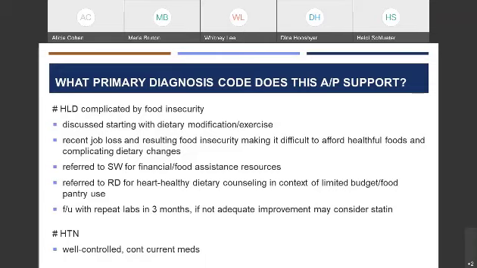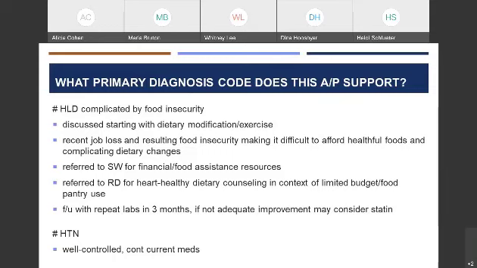Okay, so for this one, even though I said in this example it's hyperlipidemia complicated by food insecurity, is that adequate for food insecurity to be the primary diagnosis code? Or in this example, would hyperlipidemia still be the primary and then food insecurity kind of embedded underneath that? Well, it is still kind of ambiguous, and you could possibly receive a query from the coder about the food insecurity complicating the hyperlipidemia.